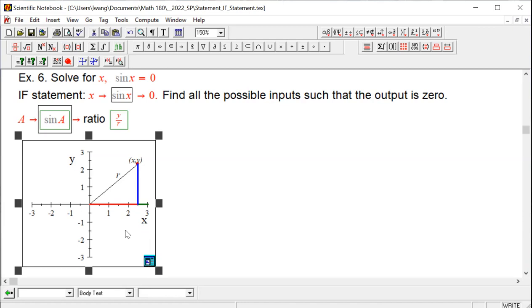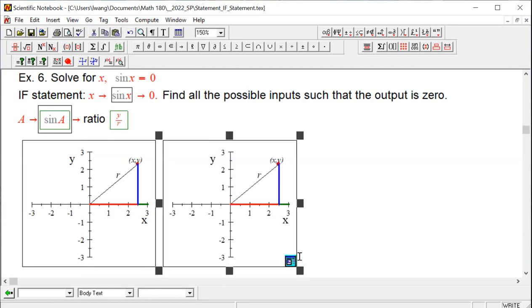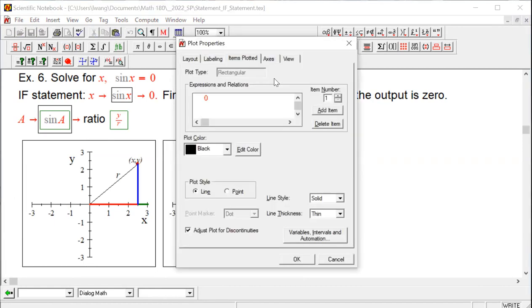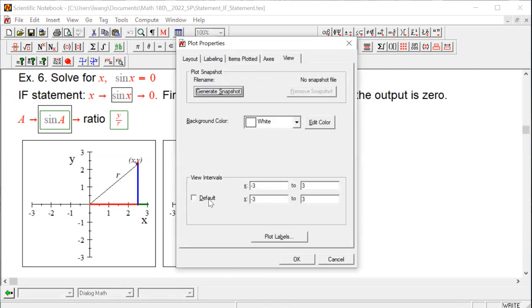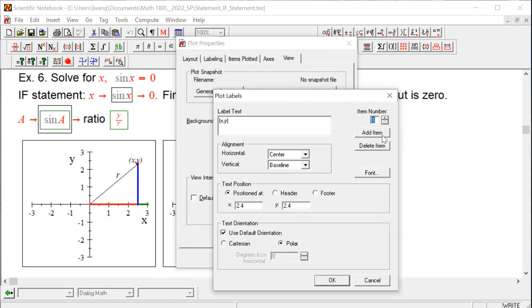I'm going to draw the terminal on another picture, so this time I'm going to clean up. I want you to draw the picture because y must be 0.